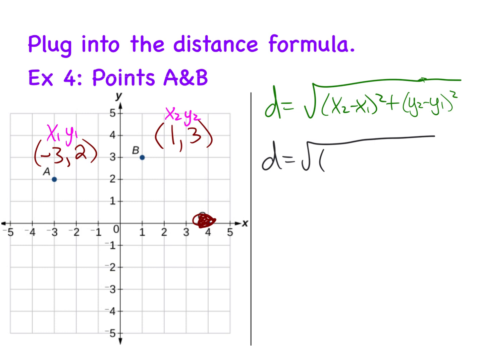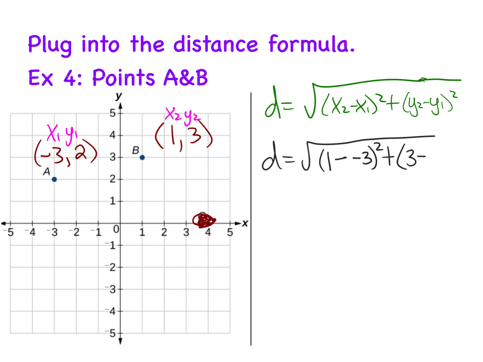Angel, what's my x2 here? 1. Minus Mateo, what's my x1? Negative 3, so 1 minus a negative 3 squared. Then Paula, what's my y2? 3.